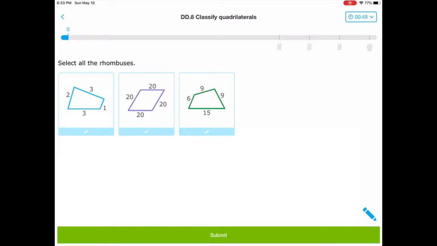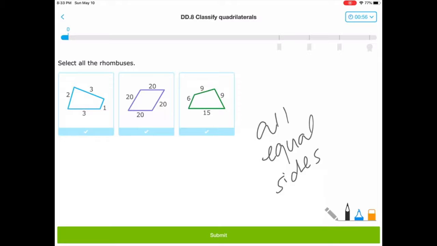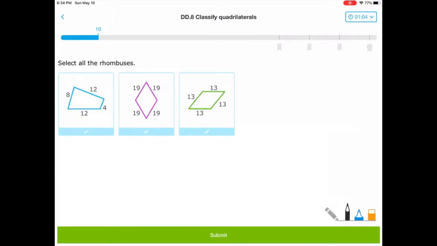Okay. So remember a rhombus. It's got to have all equal sides. So I'm going to look here and I'm going to say, okay, which one here has all equal sides? This one does not. This one does not. This one does. I'm going to choose it. Good work. Another rhombus one. Let's look for all equal sides. Nope. Yes.